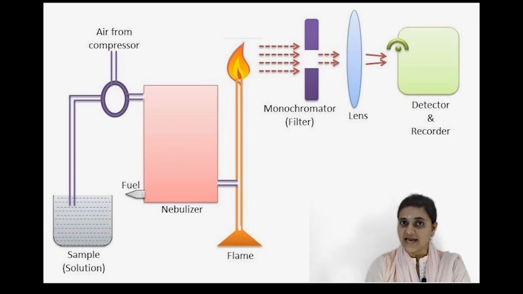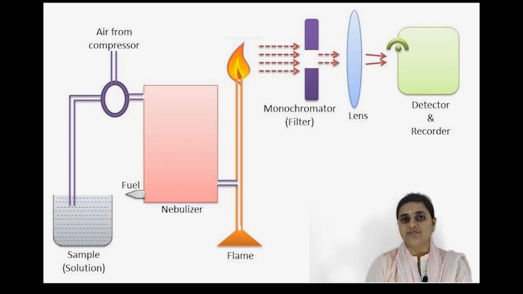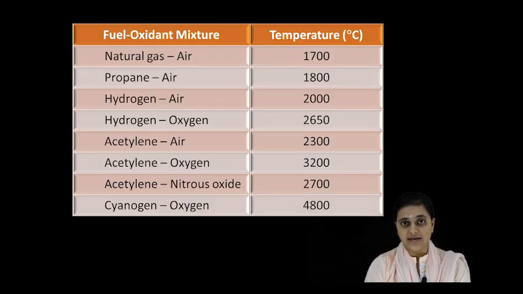As in the principle I have already explained, we need a higher temperature to dissociate the metal compounds into atoms, so we should maintain a high temperature. Some examples commonly used as fuel-oxidant mixtures as a source of ignition to get the required temperatures: the first one is the air-oxygen mixture, which is commonly used to get temperatures around 1700 degrees Celsius.